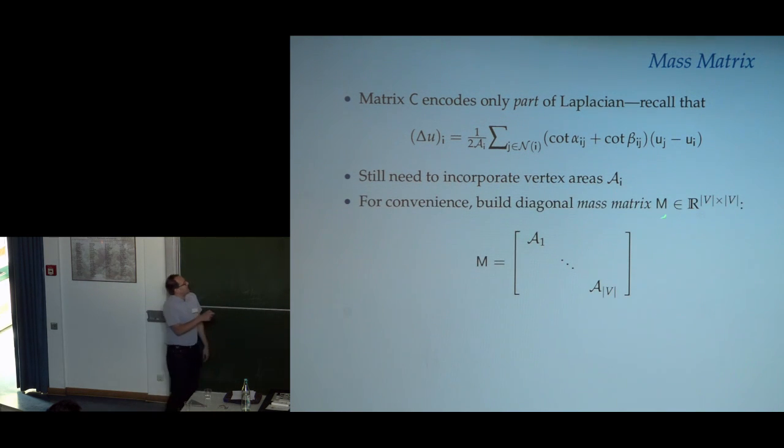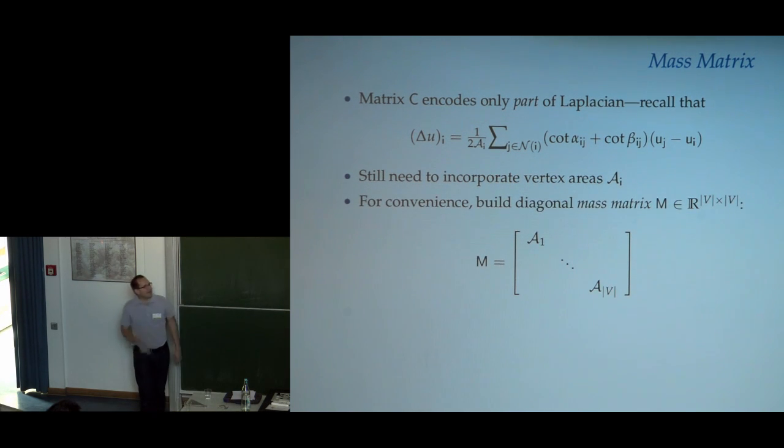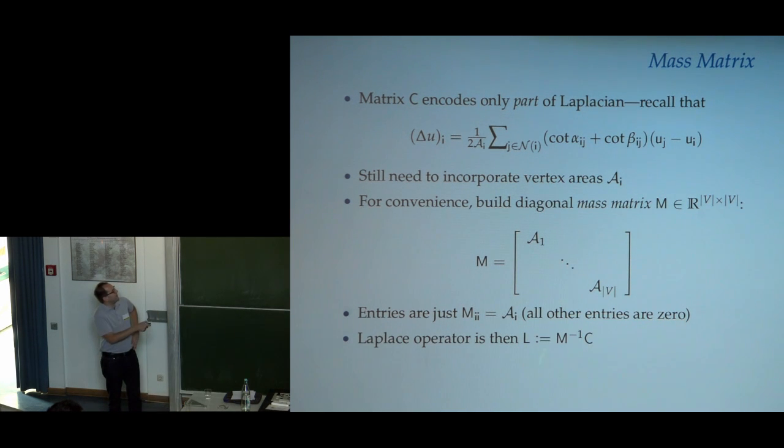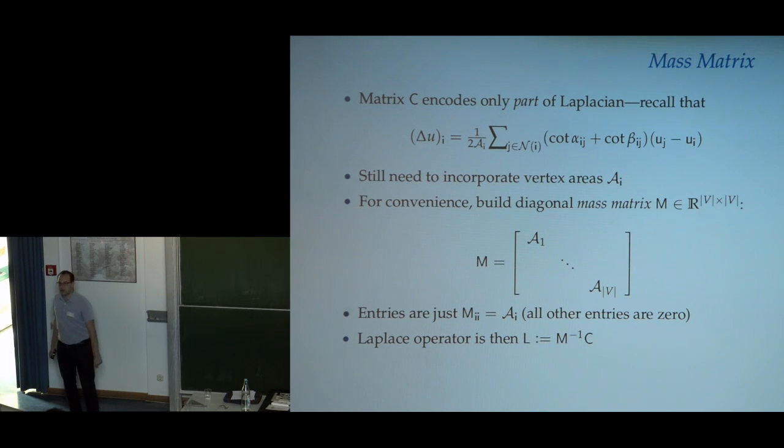So what I can do is create a matrix M, which just has all the A's along the diagonal. And then I multiply my matrix by the inverse of this thing. So this thing just has the A's on the diagonal, everything else is 0, and then M inverse times C just rescales all the rows by 1/the A's. Now that gives you the final formula for the Laplacian.